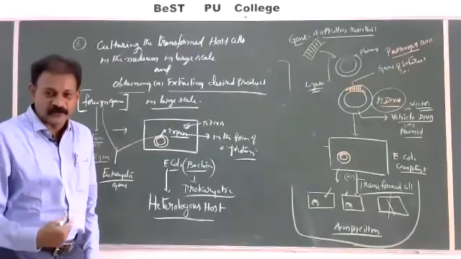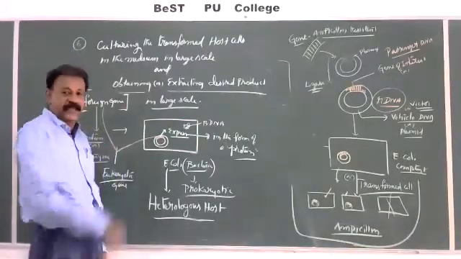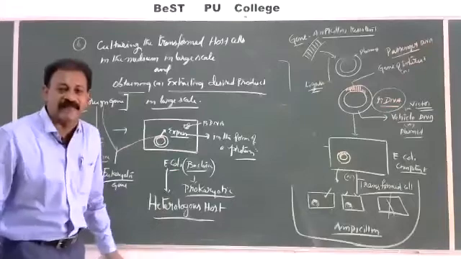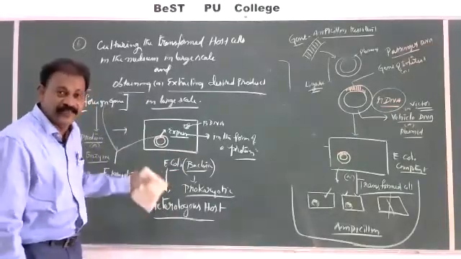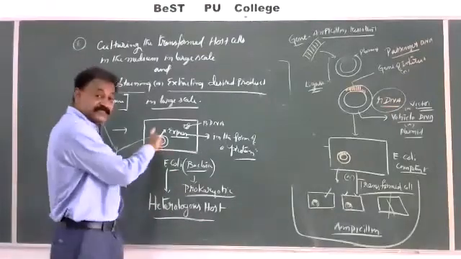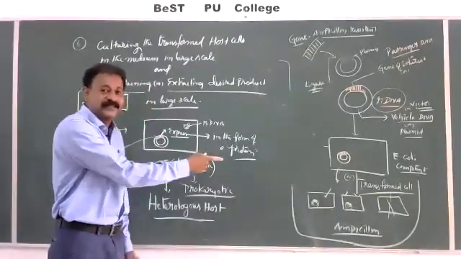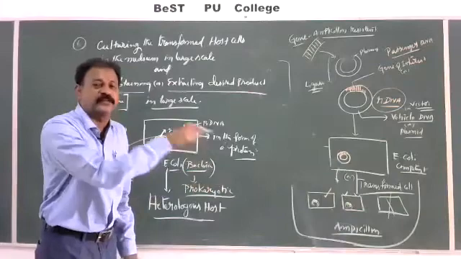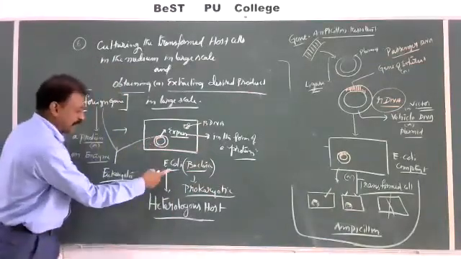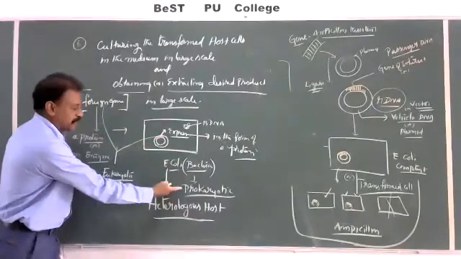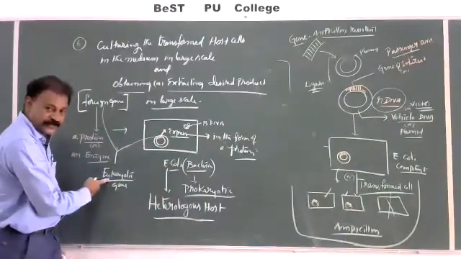We have incorporated the human insulin gene into the bacteria, and we are growing the bacteria to see whether this gene is expressed to produce that protein. What is that protein? Insulin protein. So this gene is growing in a different organism, a prokaryote. Which gene is it? Actually a eukaryotic gene.